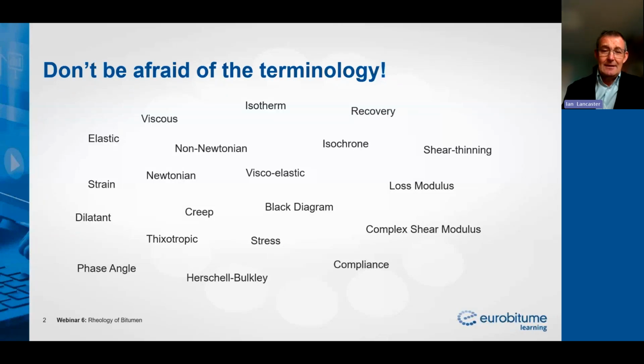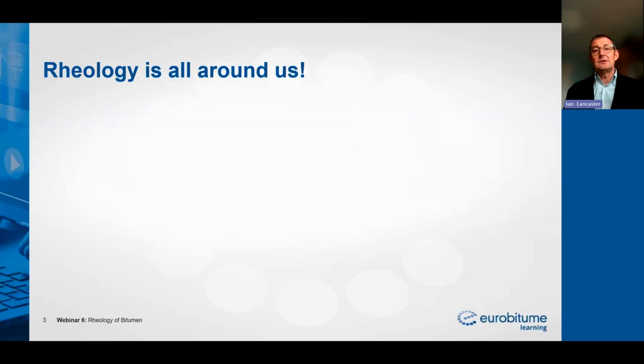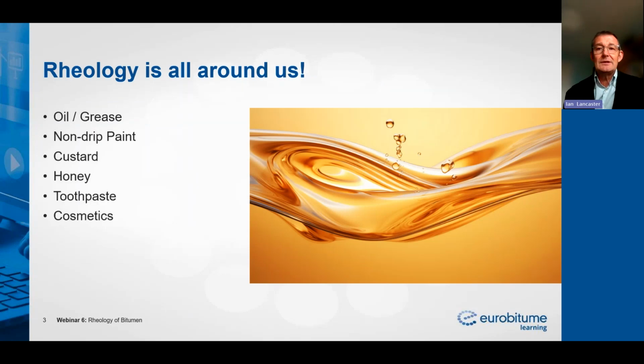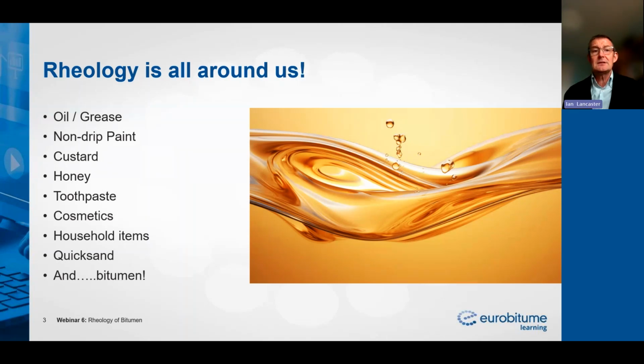The second thing I want you to take on board is the fact that rheology is not just about bitumen. It's about almost everything that we come into contact with on a day-by-day basis. For example, the rheology of an oil or grease is very, very important to the type of oil that you would put in your car.